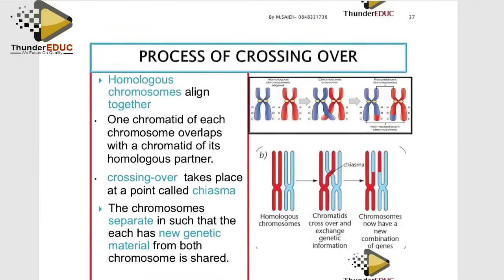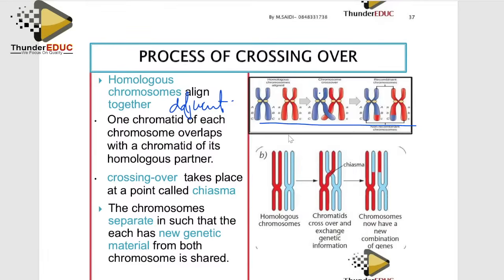So you describe the process of crossing over based on this. Say that homologous chromosomes align together. One chromatid of each chromosome overlaps with the chromatid of its homologous partner, which we call adjacent. Adjacent chromatid of each homologous chromosome overlap.